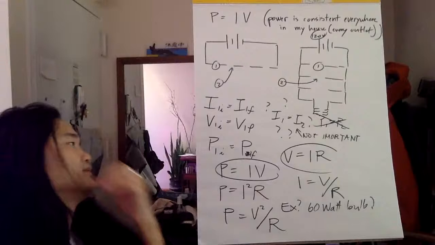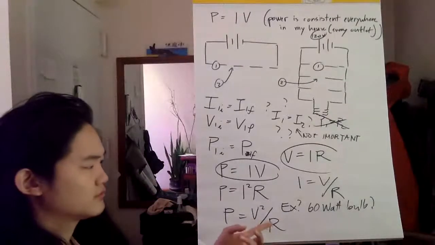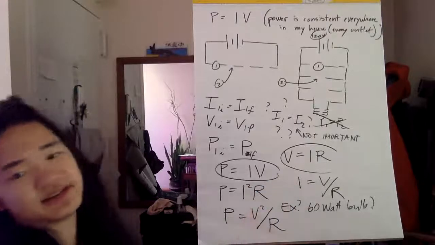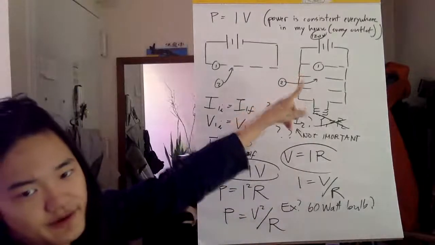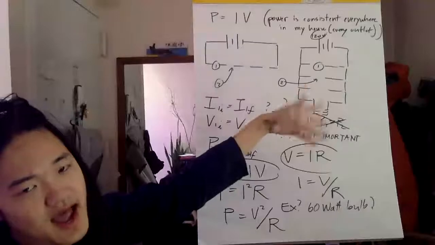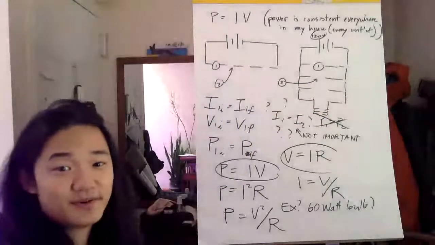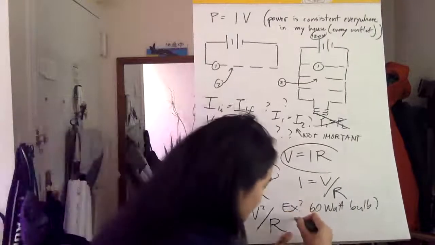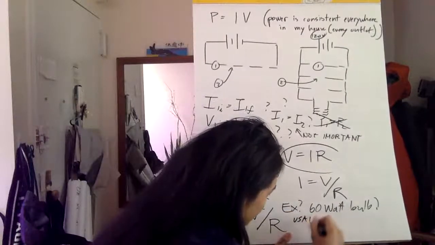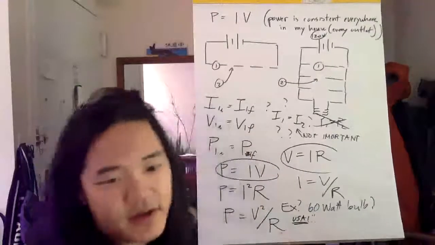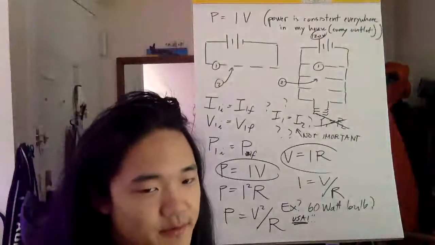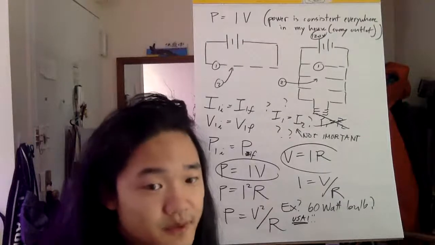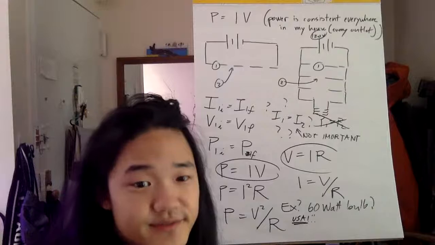Okay, so this 60-watt rating is assuming it's plugged into a 120 volt source in America. So as a very quick example, an American 60-watt bulb, what's its resistance?